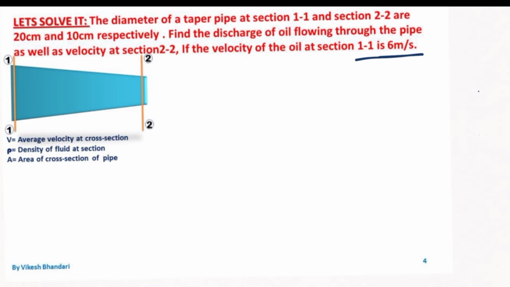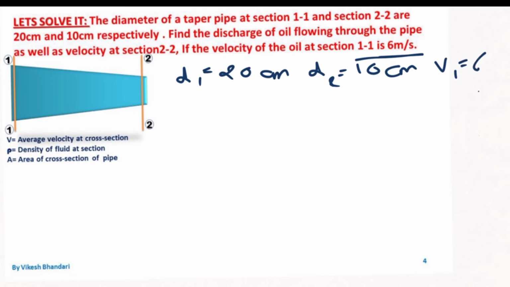Okay, I will take the diameter at section 1 as D1. D1 is 20 centimeters and D2 is 10 centimeters, and V1 is 6 meters per second.